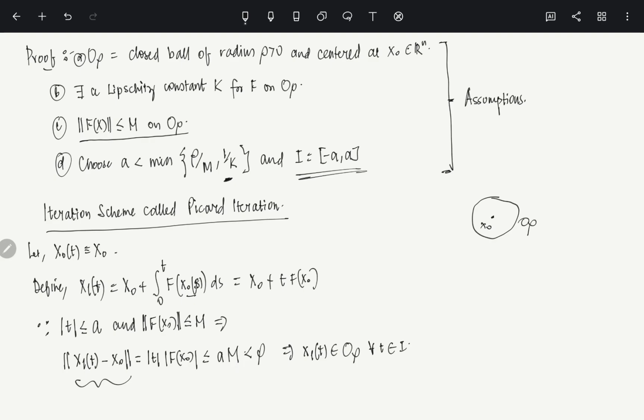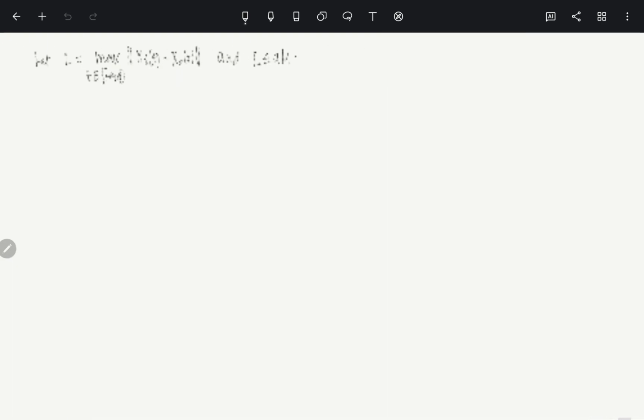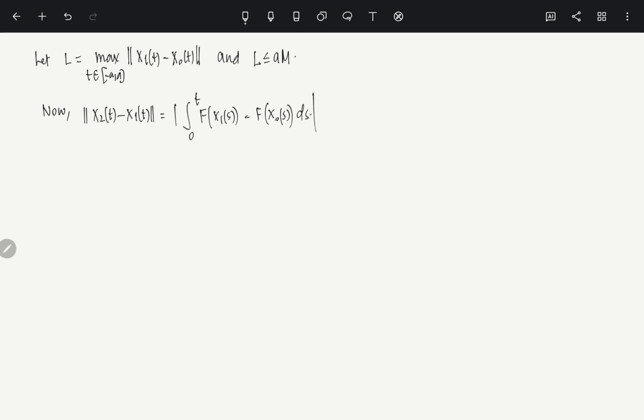That is what I wrote. Now let's look at the norm of x2 of t minus x1 of t. This is nothing but the norm of the integral from 0 to t of f of x1 of s minus f of x0 of s ds.